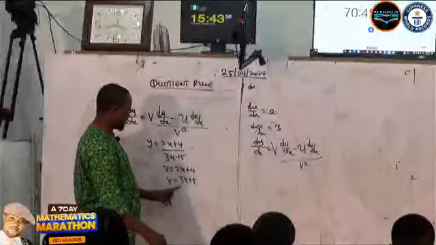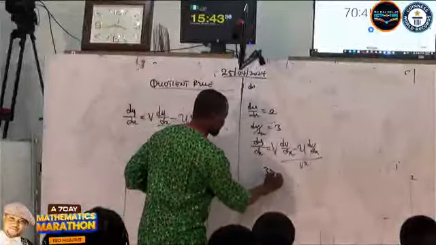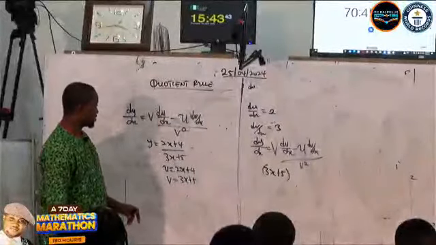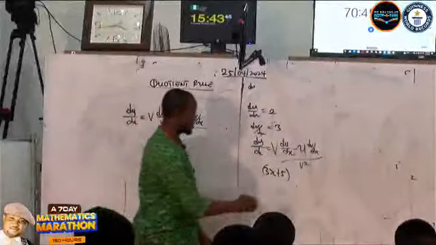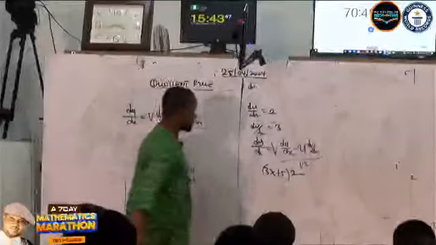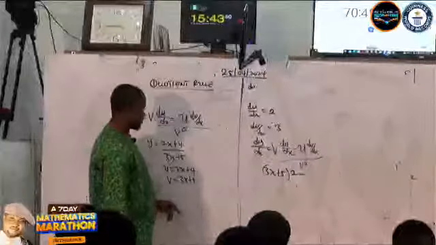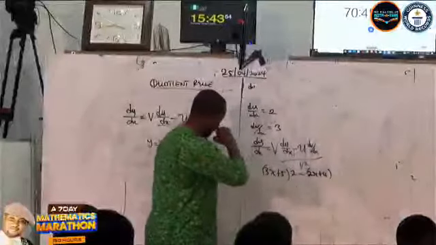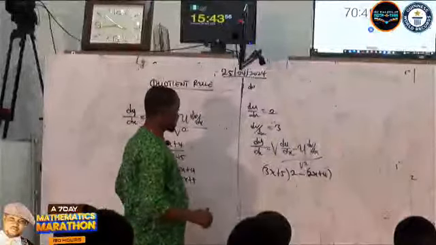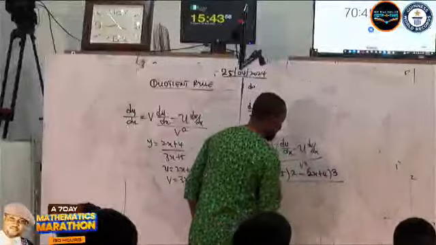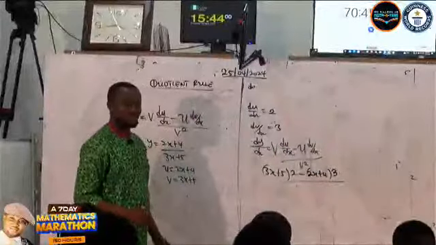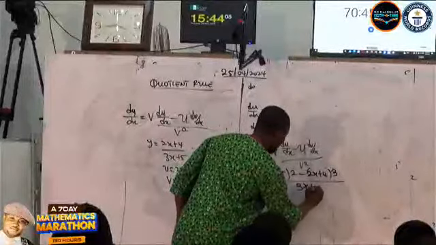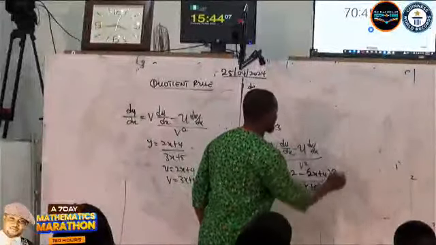What is my V? Your V is 3x plus 5. What's my du over dx? 2. Minus what is my U? Your U is 2x plus 4. What's my dv over dx? Is 3, sir. Divided by V squared. What's my V squared? Your V is 3x plus 5 all squared. Is that right? Yes, sir.